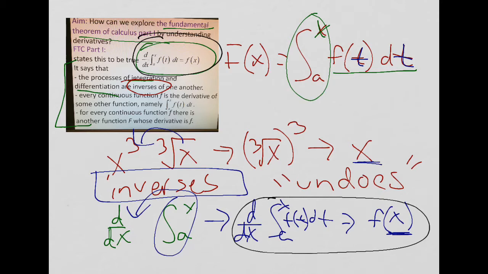Okay? Now, f has to be a continuous function, and it is a derivative of some other function. And for every continuous function f, there's another function, we're just going to call it capital F, whose derivative is the lowercase f. And that's why we had explained this or seen this in the do now. Okay?